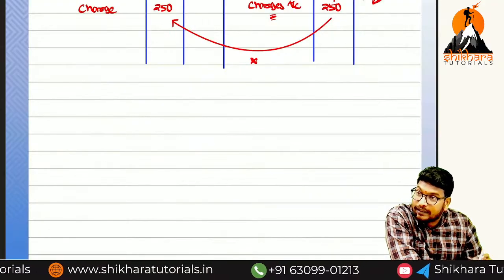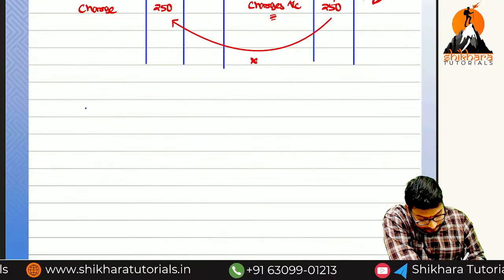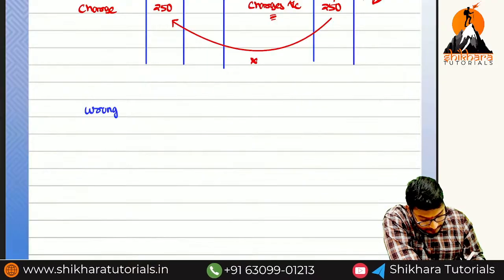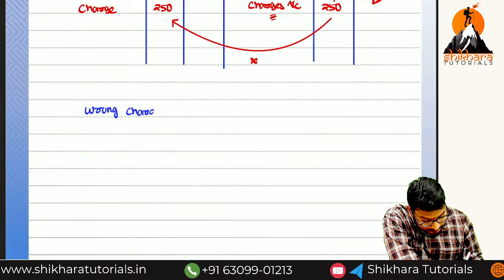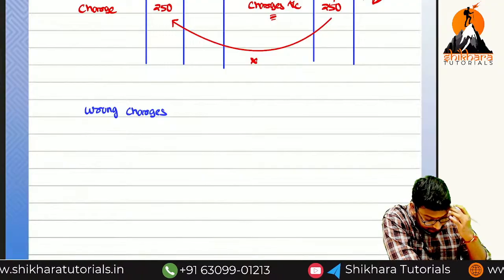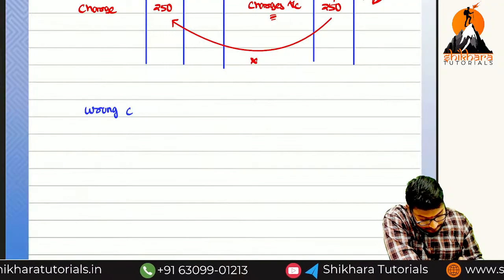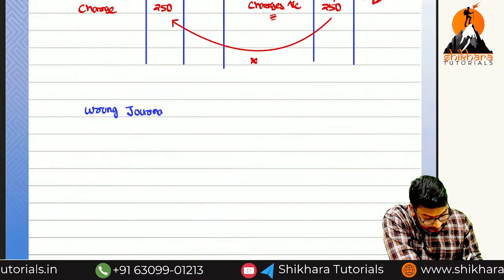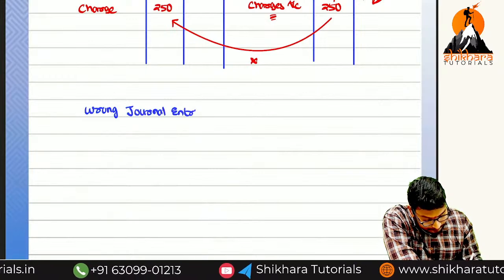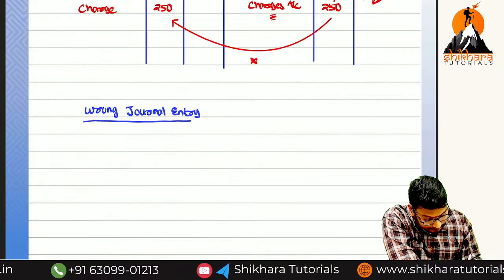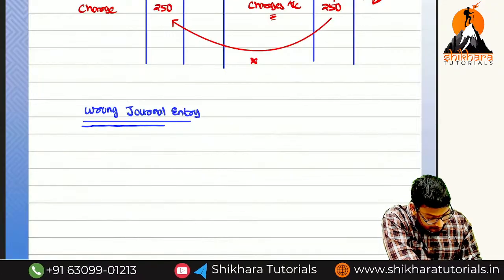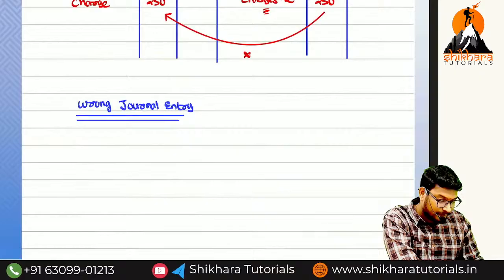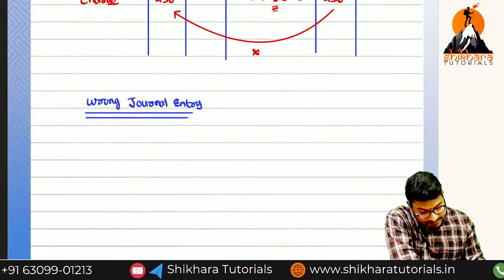What is the entry, ma? Wrong entry. Can you see the wrong entry? Yes. Wrong journal entry. What is the wrong journal entry, ma?